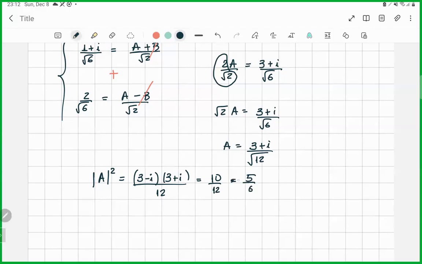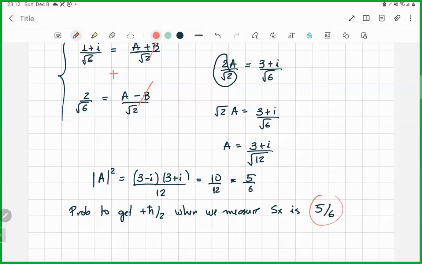Okay, so the probability to get plus h bar over 2 when we measure Sx is 5 over 6. Very good.